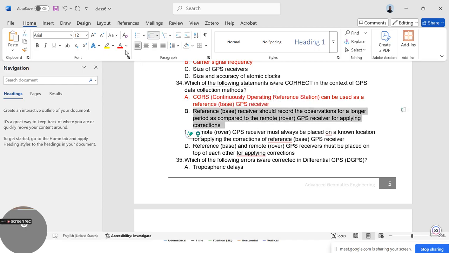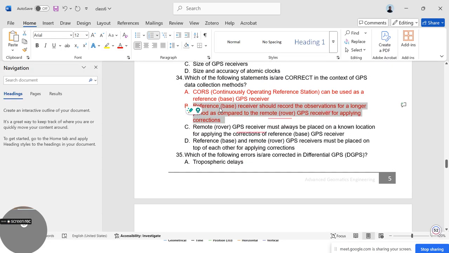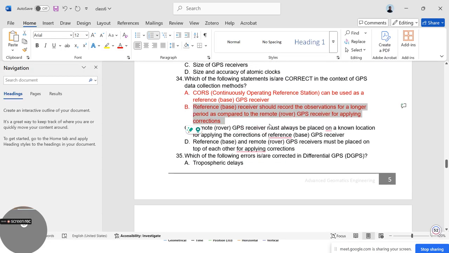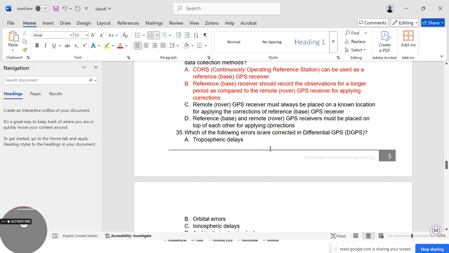Base will collect data for a long time and then find out the error using that data. The next option, remote or rover GPS receiver must always be placed on a known location. That is wrong. We fixed base as a known location and rover as an unknown location. Reference and remote GPS receiver must be placed on top of each other. That is also wrong. They are away from each other, that's why we can access the area.